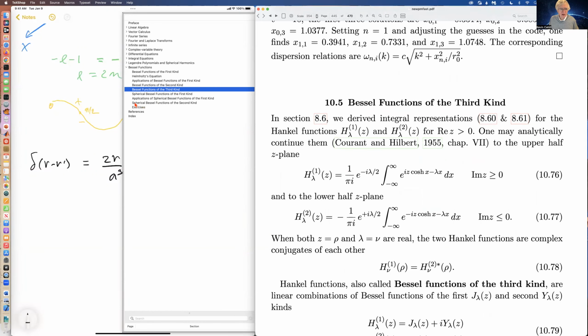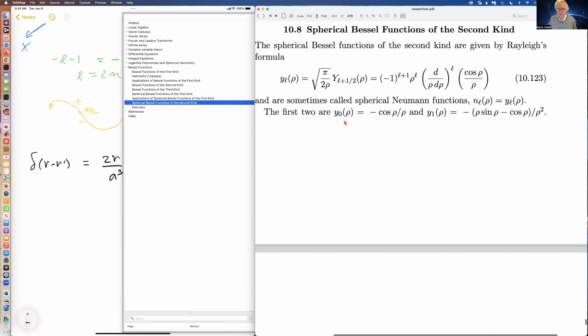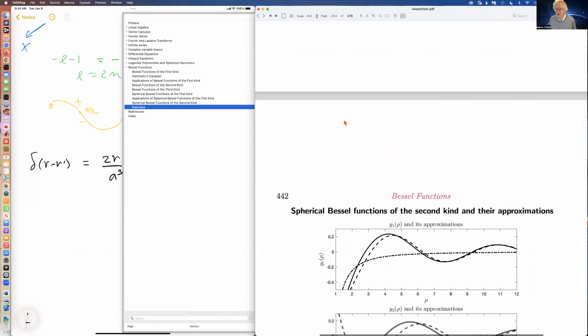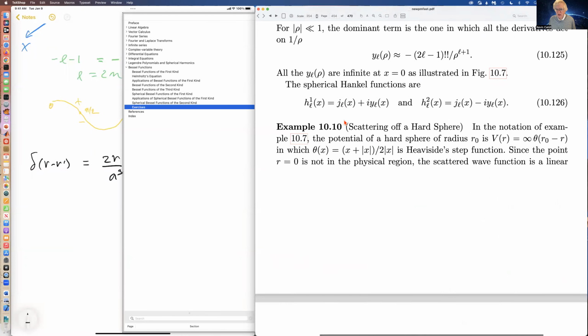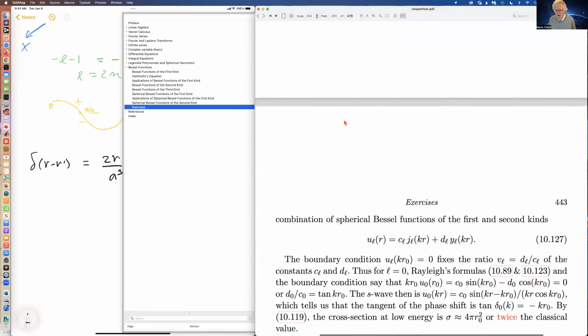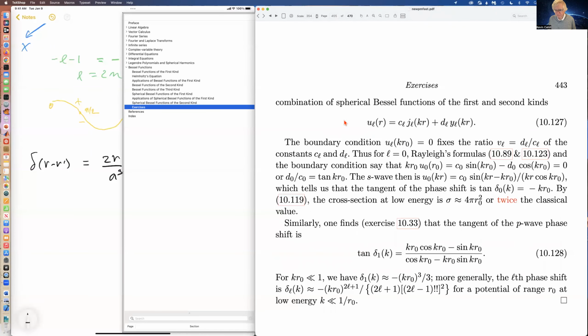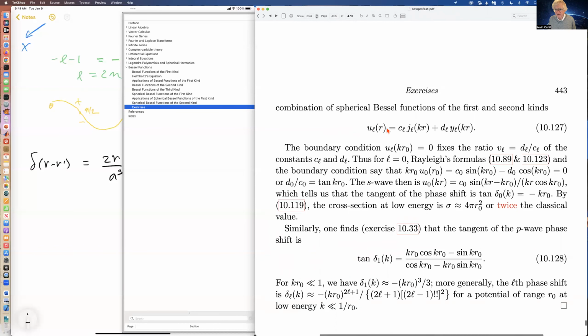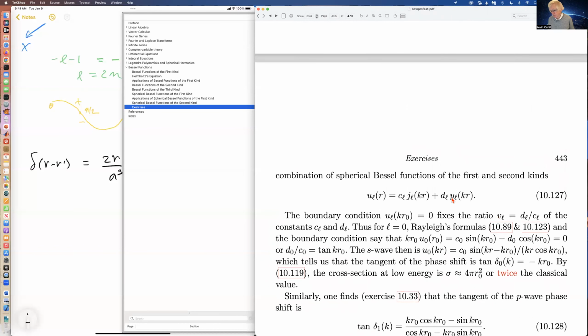So going back then to spherical Bessel functions, scattering off a hard sphere, one has to use both Bessel functions, the ordinary and the Neumann Bessel functions.